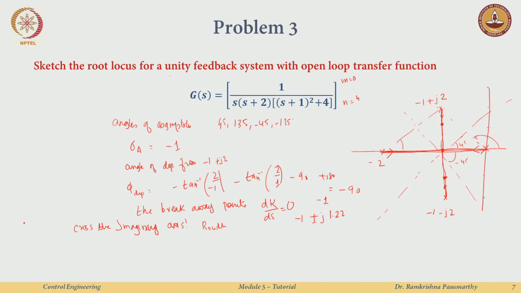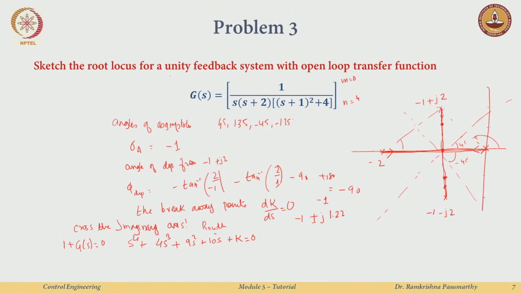Okay. So, just computing the characteristic equation again from 1 plus G(s) equal to 0, I have a characteristic equation which looks like this: s^4 plus 4s^3 plus 9s^2 plus 10s plus k equal to 0.